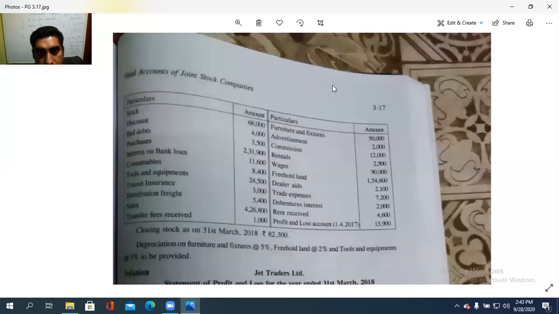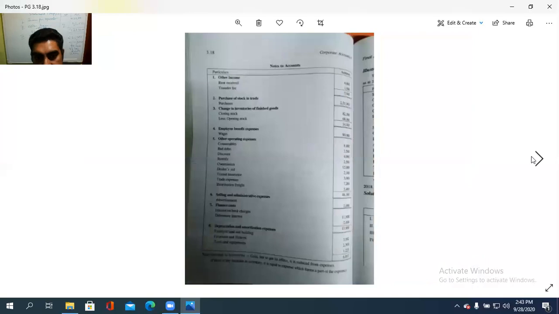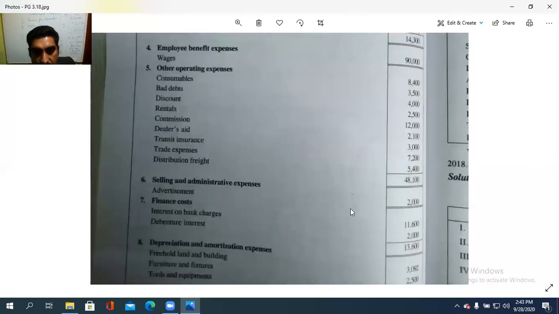Furniture and fixtures 50,000 at 5%, so 2,500. Freehold land 1,54,600 at 2%. Tools and equipment at 5%. Take the depreciation of these three items and add them up. Take the total of all these. So how much is it?